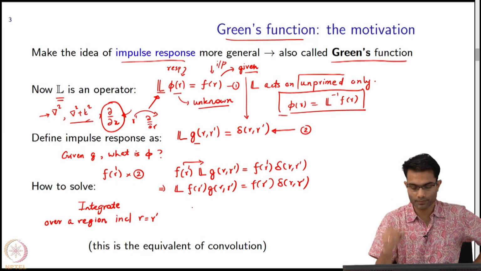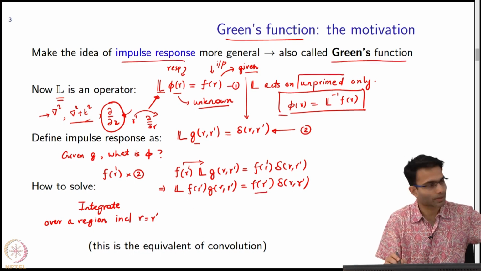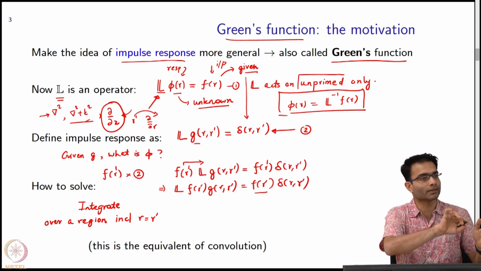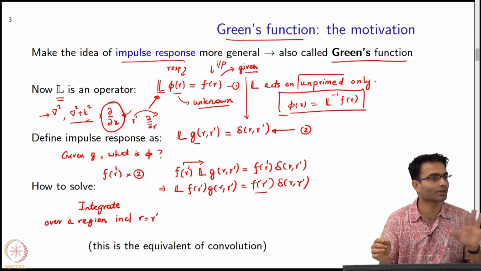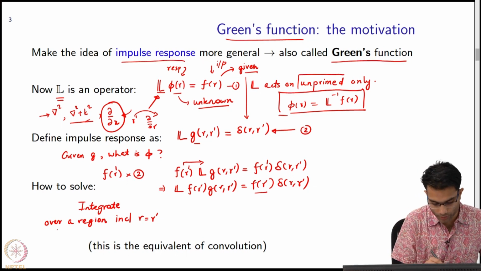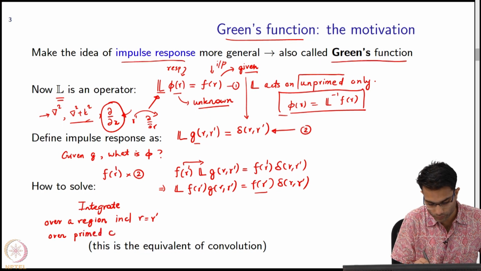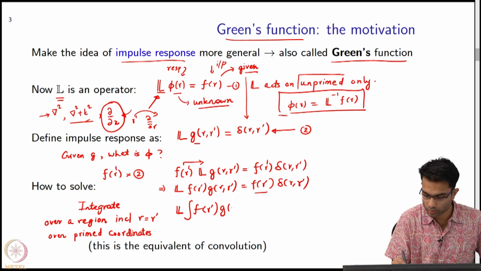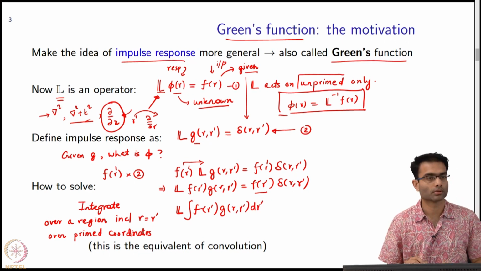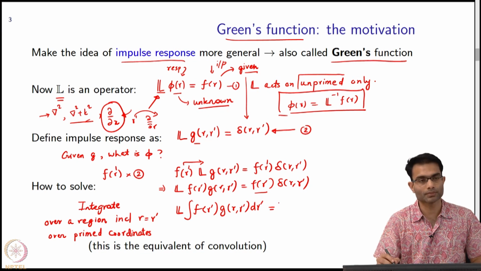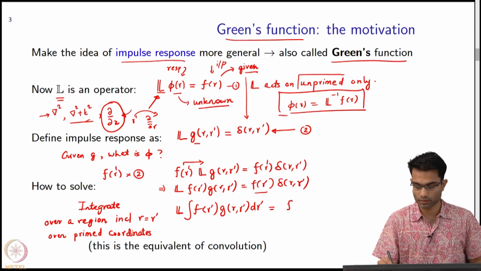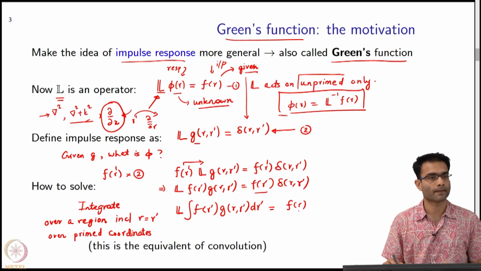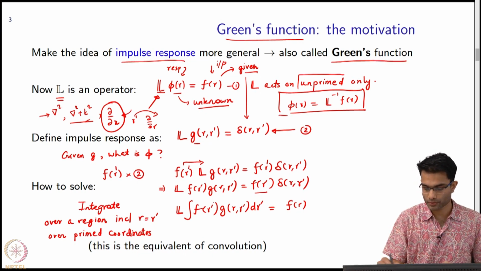Primed coordinates, because another reason is then I can move that integral past L, because L acts only on unprimed. So now integrate over primed coordinates. So this becomes the left hand side, and the right hand side becomes f of r. Let's call this equation 3.